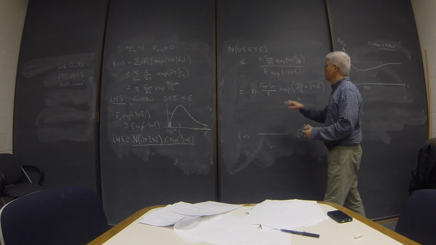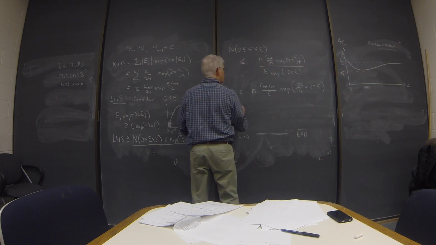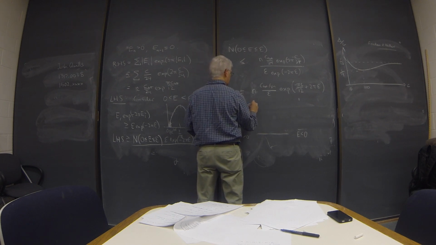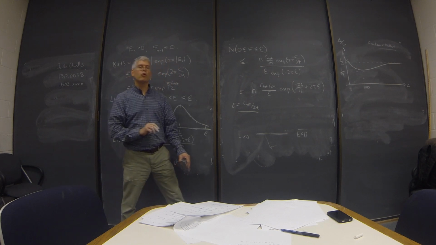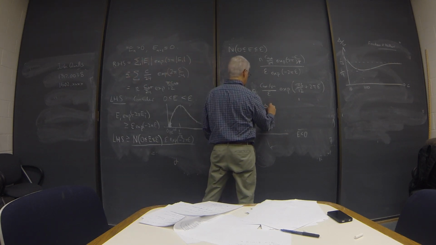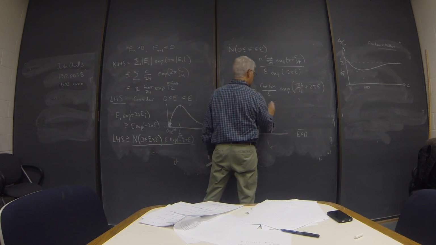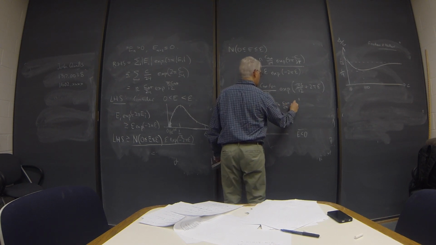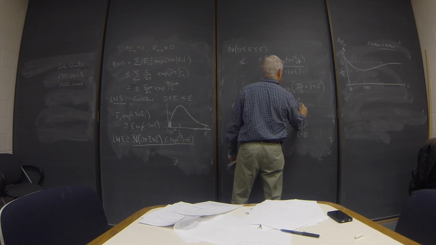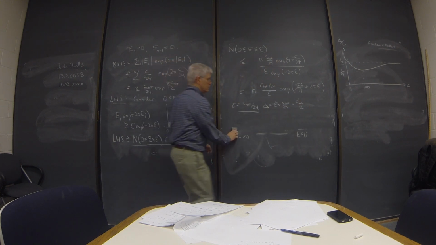So now let's take E to be equal to c total over 24, which corresponds to delta being E plus c over 24, which is c total over 12.